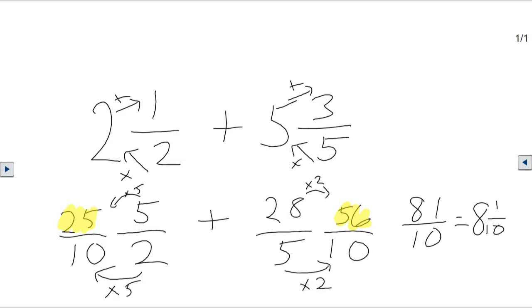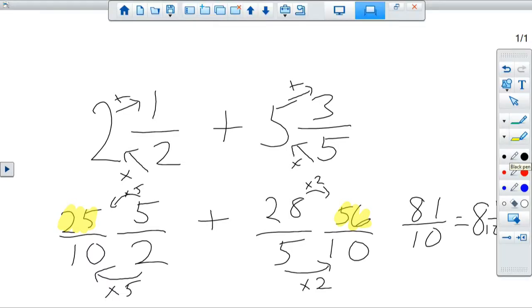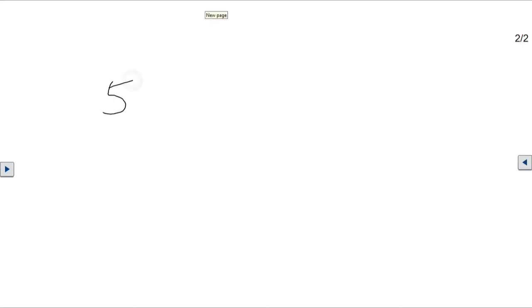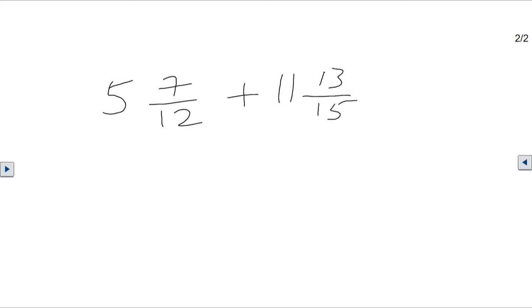Now, if we have bigger fractions where numbers start to get bigger, we can see where that might be an issue. Let's say, for example, I had to do 5 7/12 plus 11 13/15.